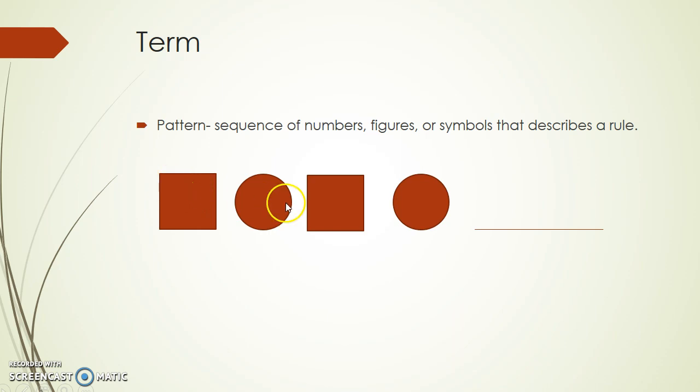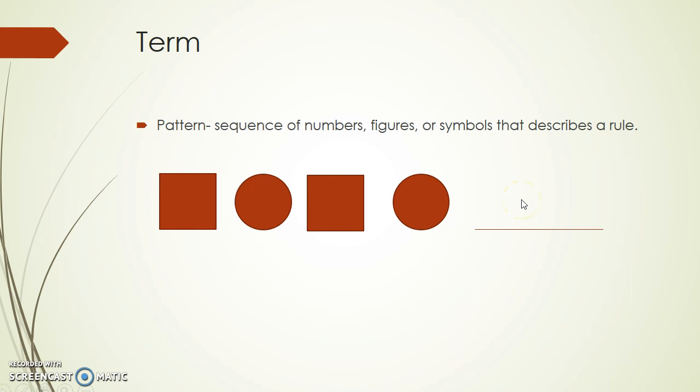If you had a square, circle, square, circle, you'd usually be asked which shape would come next. And in this situation, it would be the square. How do you know that the square comes next? Well, because the pattern is every other. So square, circle, square, circle, square.